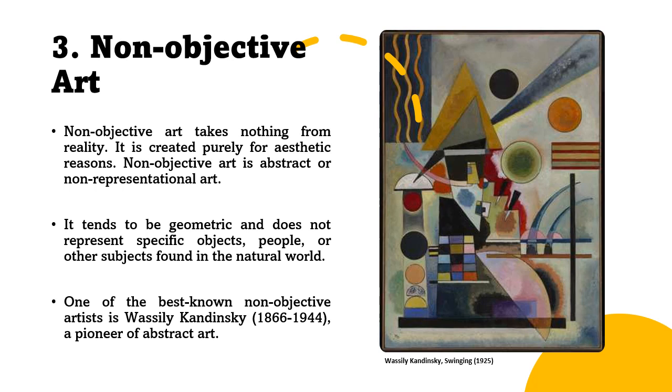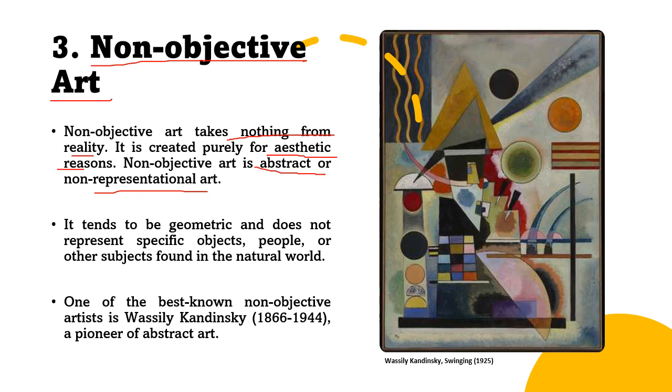Now let's talk about non-objective art, or non-representational art. Non-objective art takes nothing from reality. It is created purely for aesthetic reasons. Non-objective art is abstract, or non-representational art, so it is still abstract in the sense that it is non-representational.